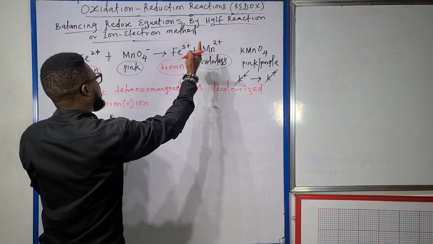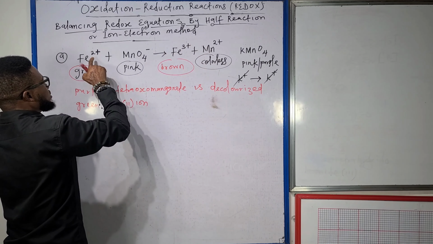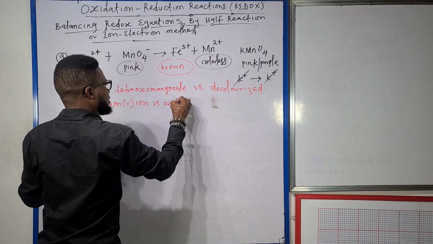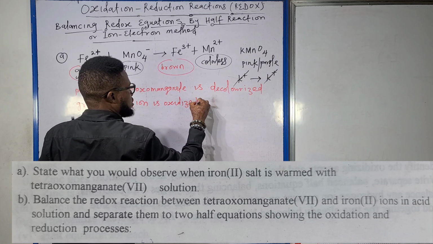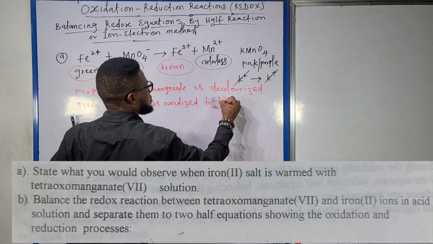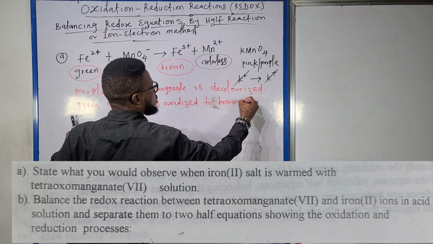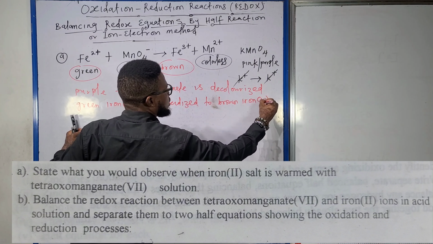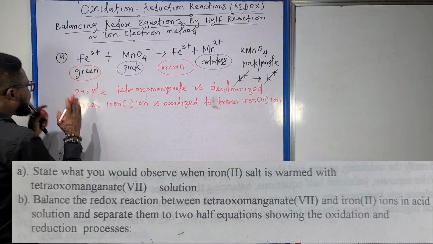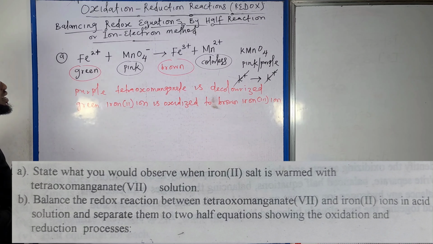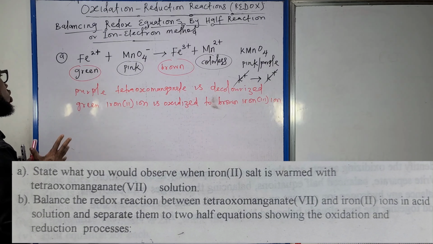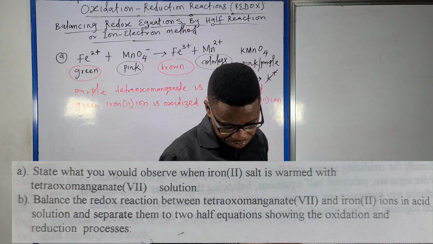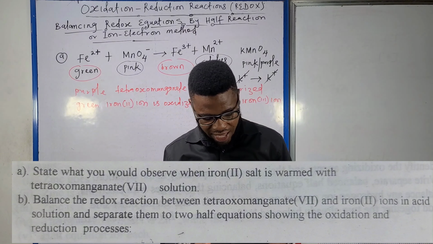Increase in oxidation number talks about oxidation. Green iron 2 ion is oxidized to brown iron 3 ion. So this answers question A, telling us what is observed when iron 2 salt is warmed with tetraoxomanganate 7 solution.